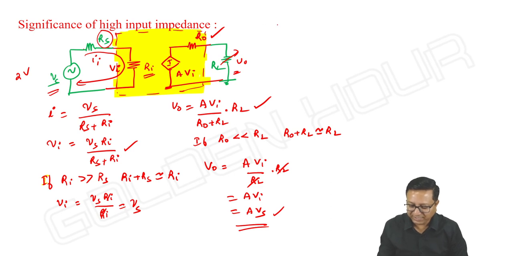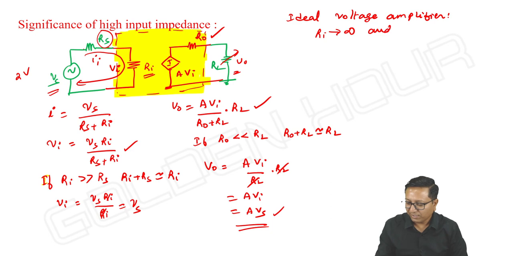So if I take an ideal voltage amplifier, what happens here? Ri is infinity and RO is equal to 0.